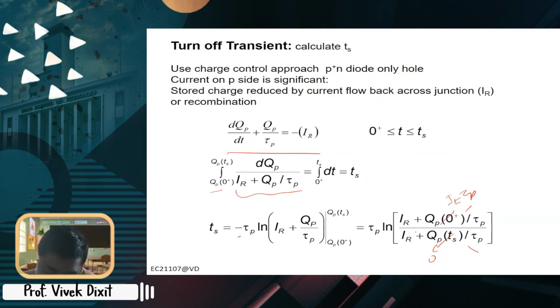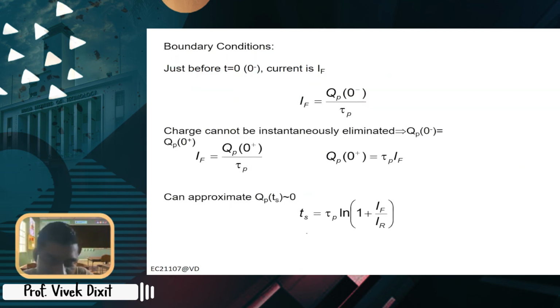So you will have basically IR plus IF by IR, right? So 1 plus IF by IR you will get.